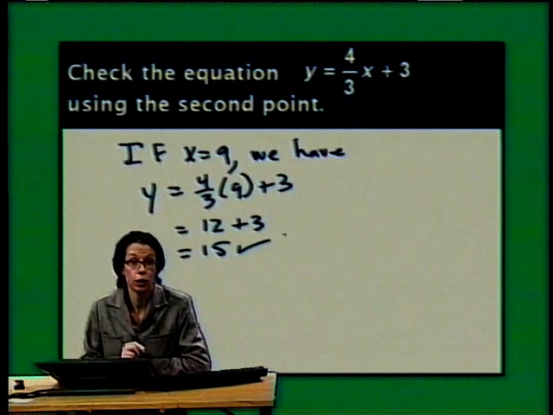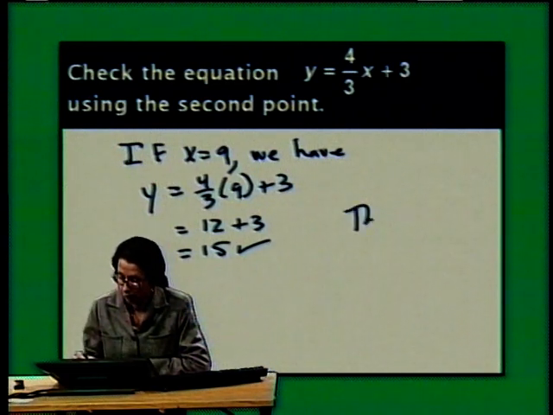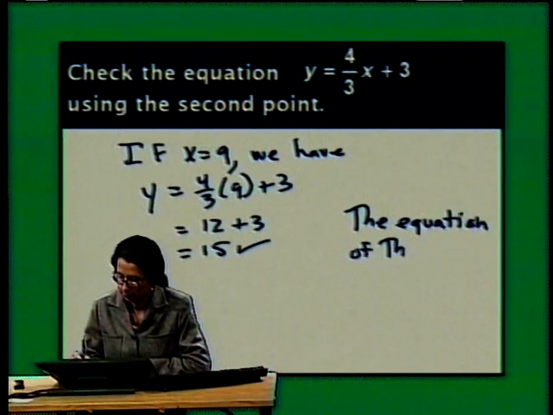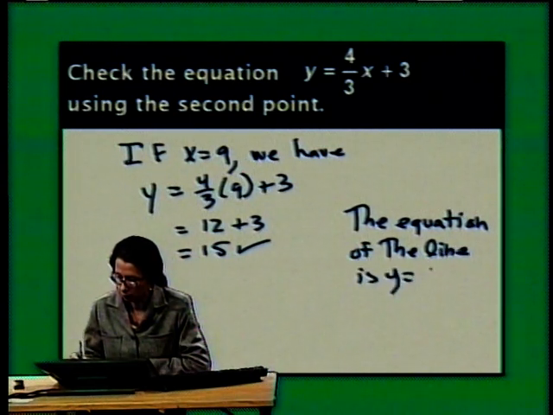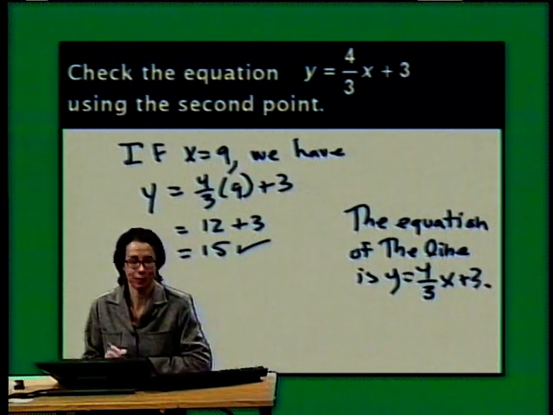So my equation checks. So I can conclude that the equation of the line is y equals 4/3 x plus 3.